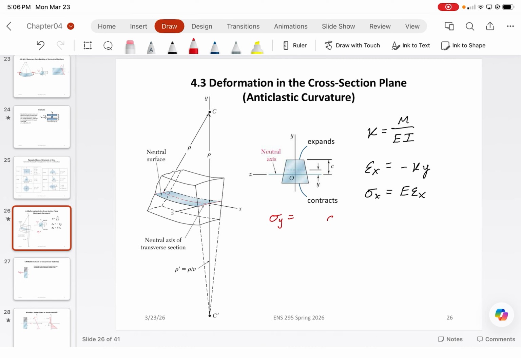Well, the lateral stresses are of course going to be 0 because for flexural members the beam is unrestrained to lateral deformation, but epsilon y and epsilon z are non-zero.